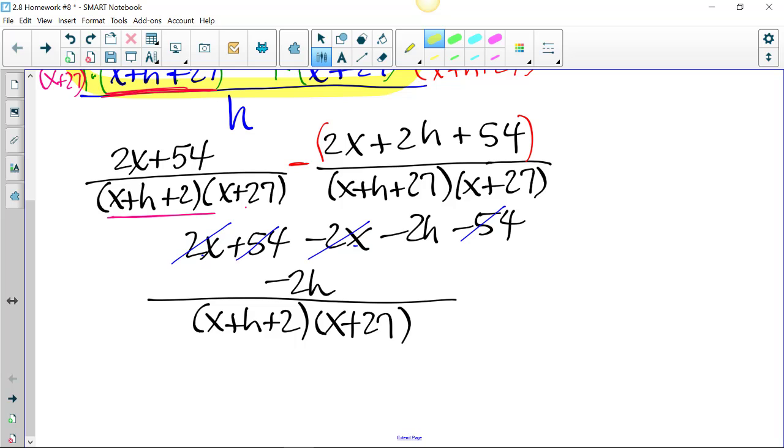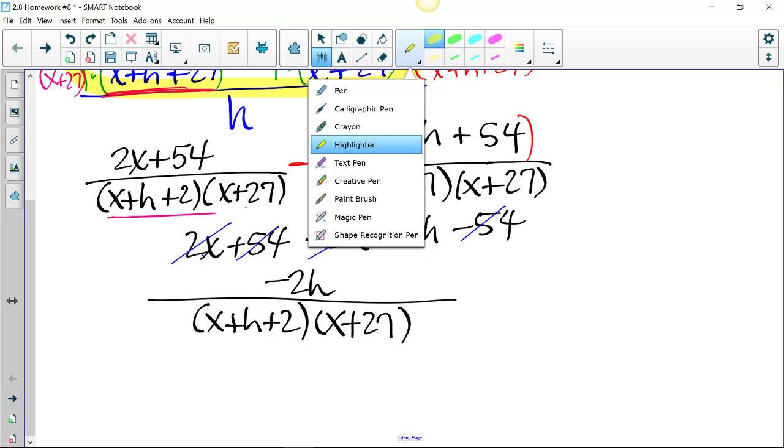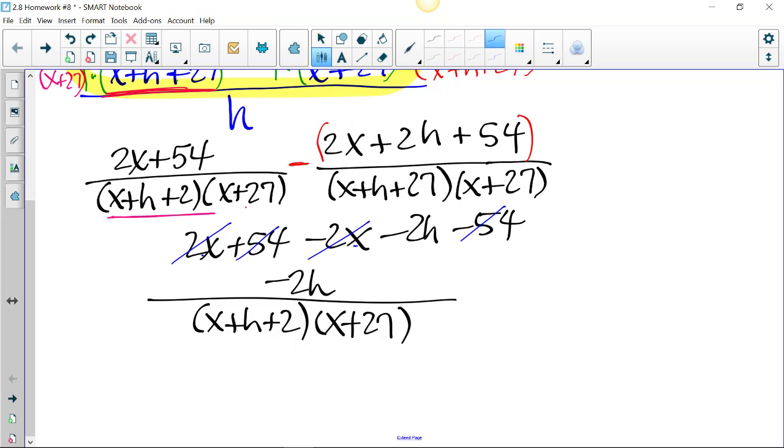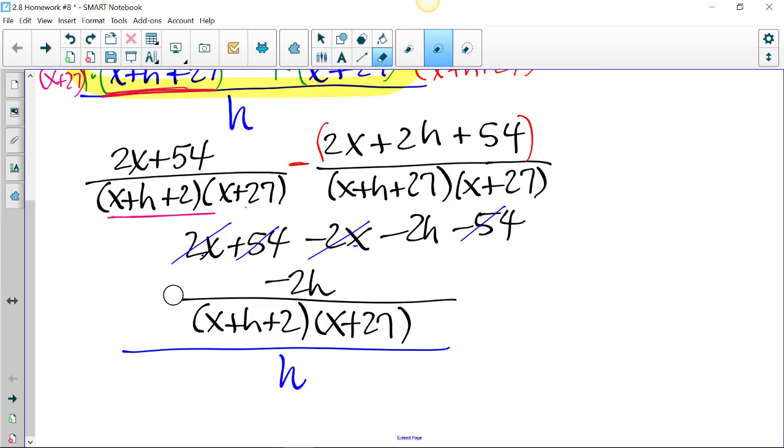So now I take that rational expression in the numerator, and I put it over h. Okay, so I've got that messy fraction in the top and h in the bottom. And if you recall, we know a fraction means division.